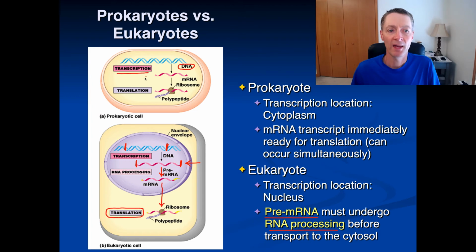Transcription and translation can occur simultaneously. Okay, so as a transcript is being produced, an mRNA transcript, the transcript can be used by ribosomes that latch on and start reading. Okay, so we can have a very quick and efficient production of a transcript and translation to make the protein product.